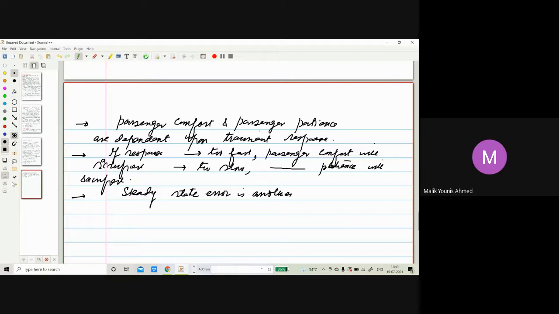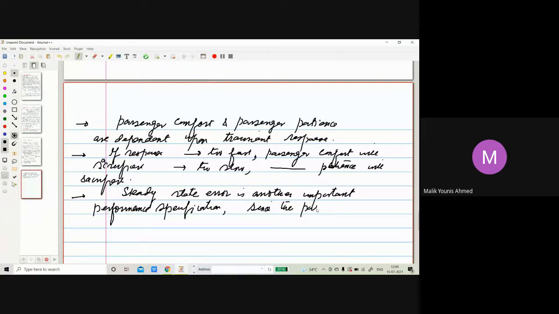We'll finish that and then finish the lecture. We cannot leave it here. Steady state error is another important performance specification. Why? Since the passenger's safety and convenience is also important.